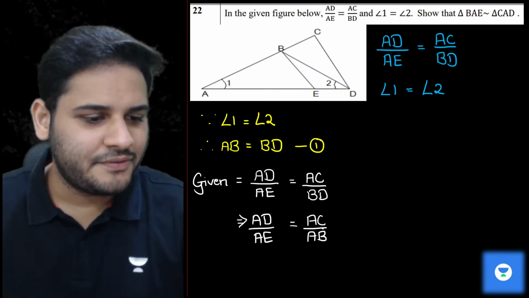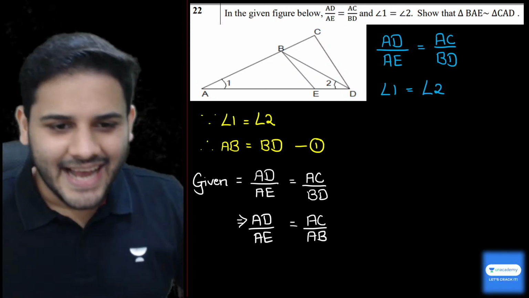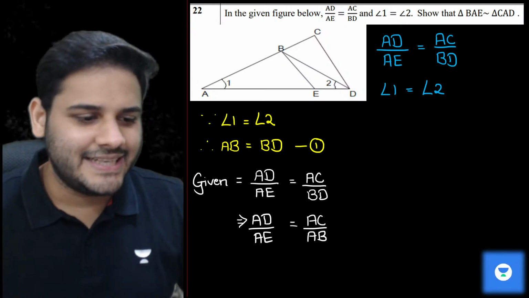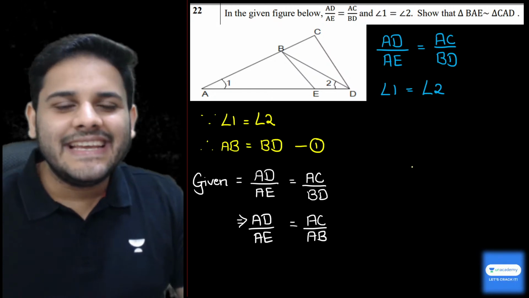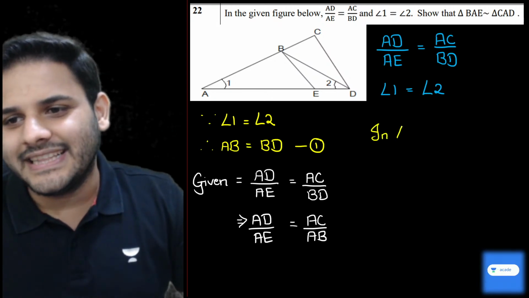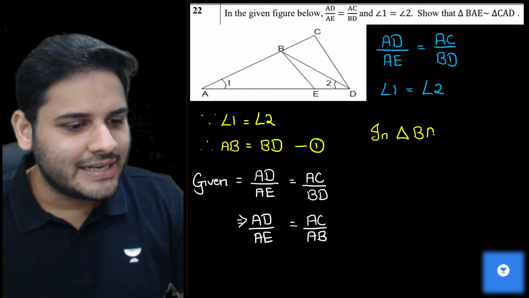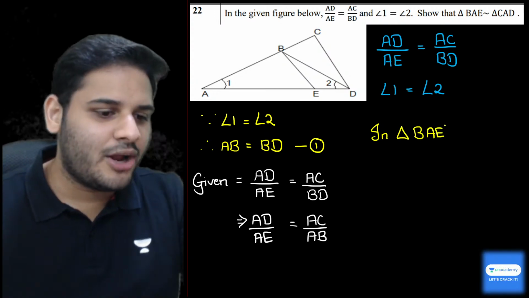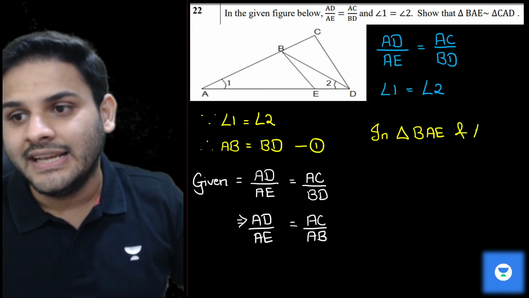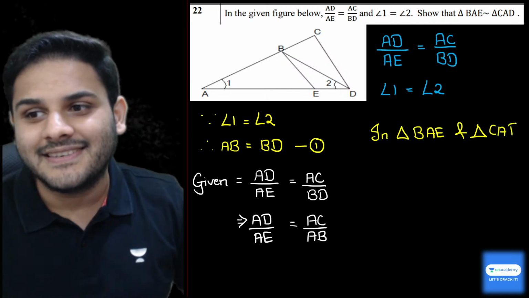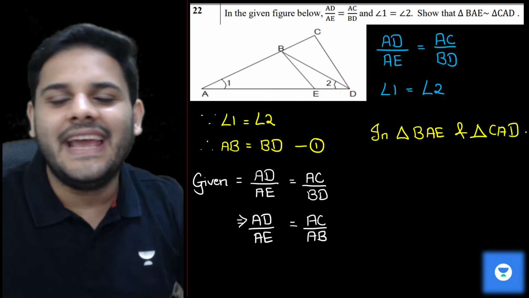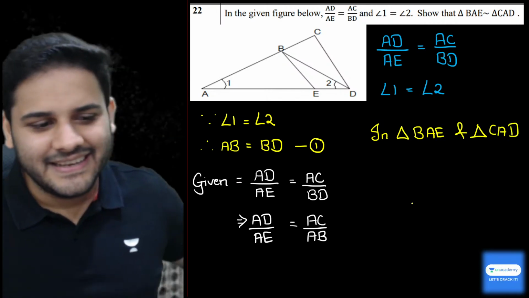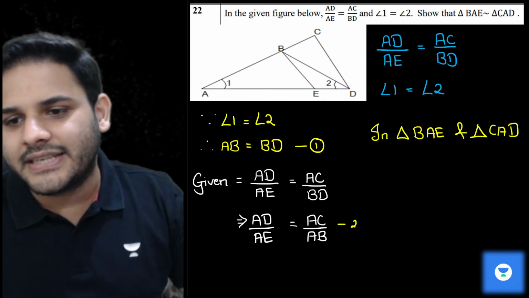And what will we do after this? Now we will take the triangles BAE. Where are you guys in the chat? I'm not able to see your replies with the solution. In triangle BAE and triangle CAD, this is my equation number 2.